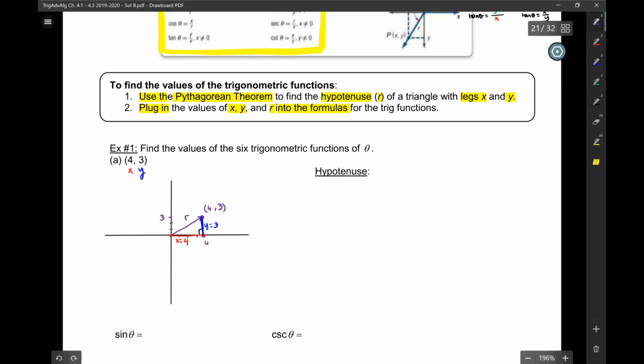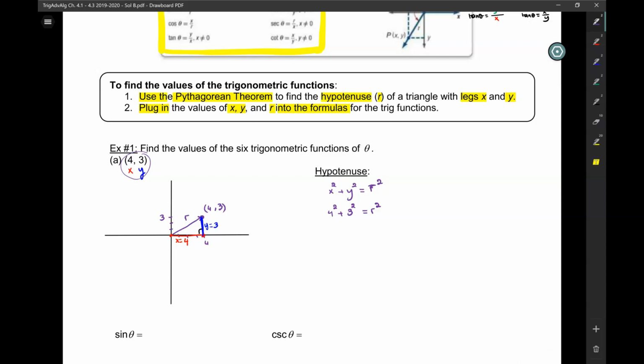Okay, so that's always going to be x squared plus y squared is equal to r squared. So I can either draw it and look at the diagram, or I could just go to the point that I was given, x comma y, 4 comma 3. So here I have 4 squared plus 3 squared is equal to r squared. Now at this point, some of you might be thinking, hey, wait a minute, isn't that a 3, 4, 5 triangle? It is.